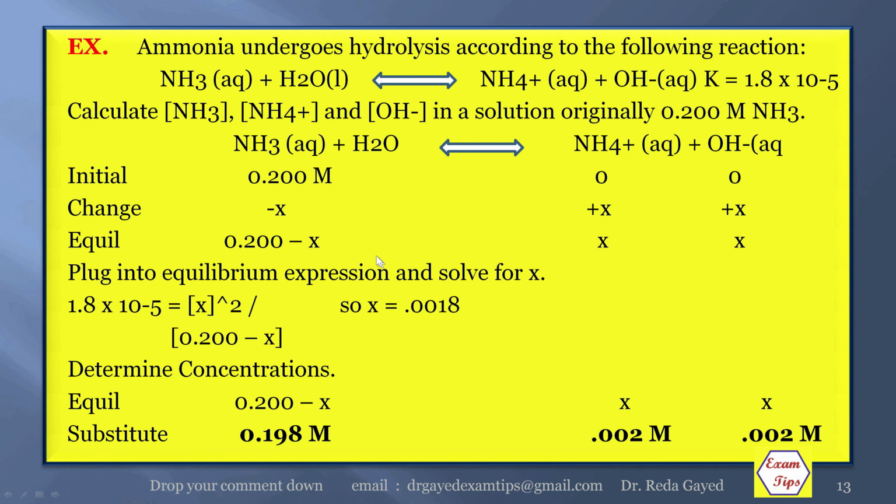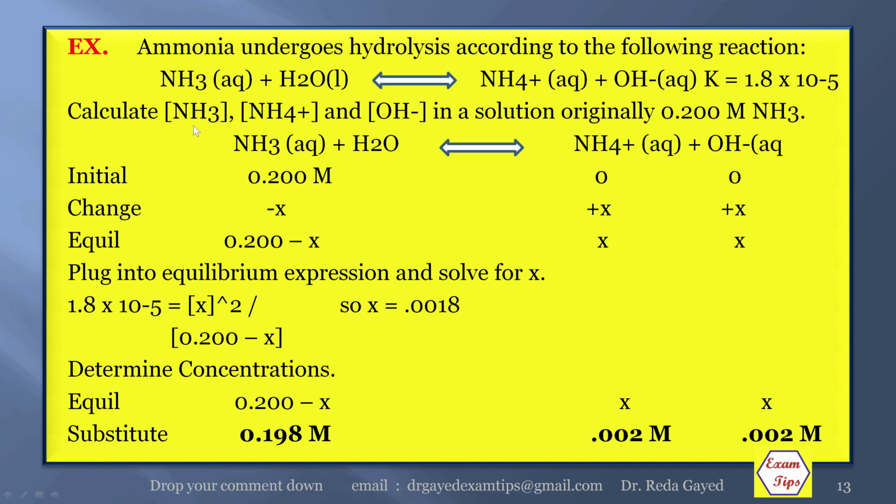This is hydrolysis in the presence of water. What about the difference between liquid here and aqueous? The liquid here will not be considered. If you are in doubt about this point, come back to our part 1 for chemical equilibrium. We have mentioned this in more detail.